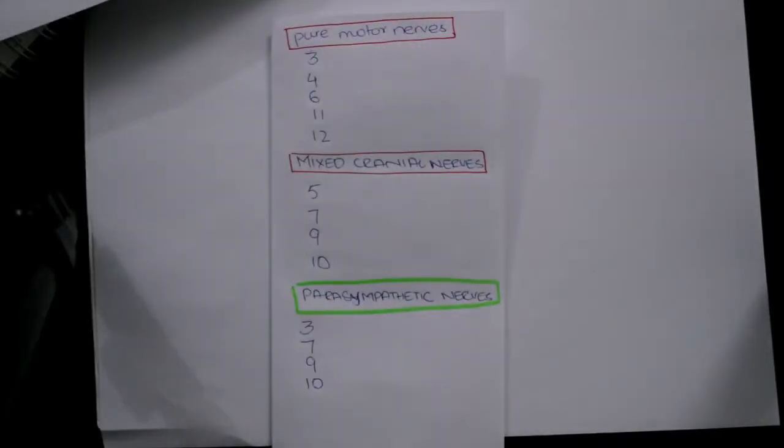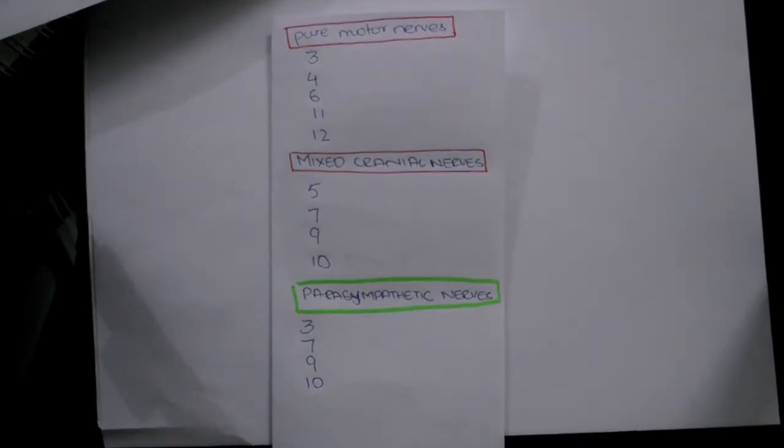Now what you need to know are the nuclei of the cranial nerves. We'll study the nuclei separately for each cranial nerve. So now let's start with the nuclei of the cranial nerves.